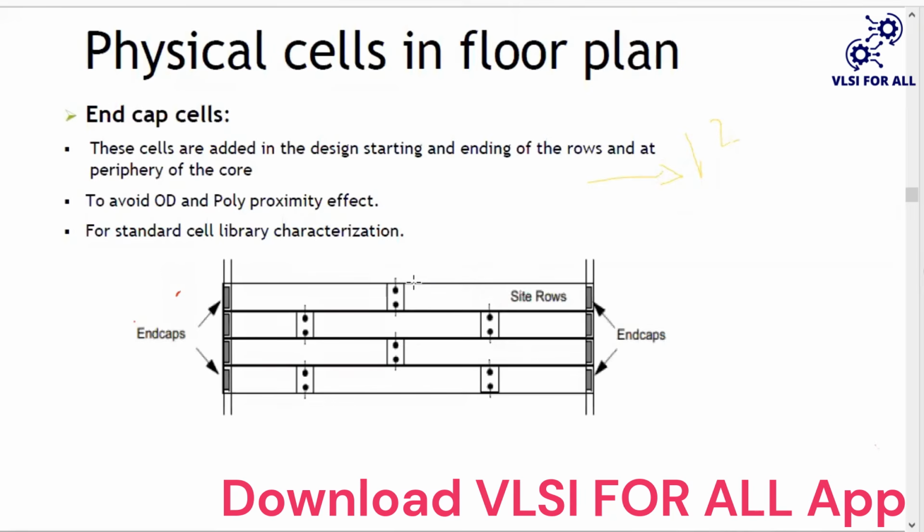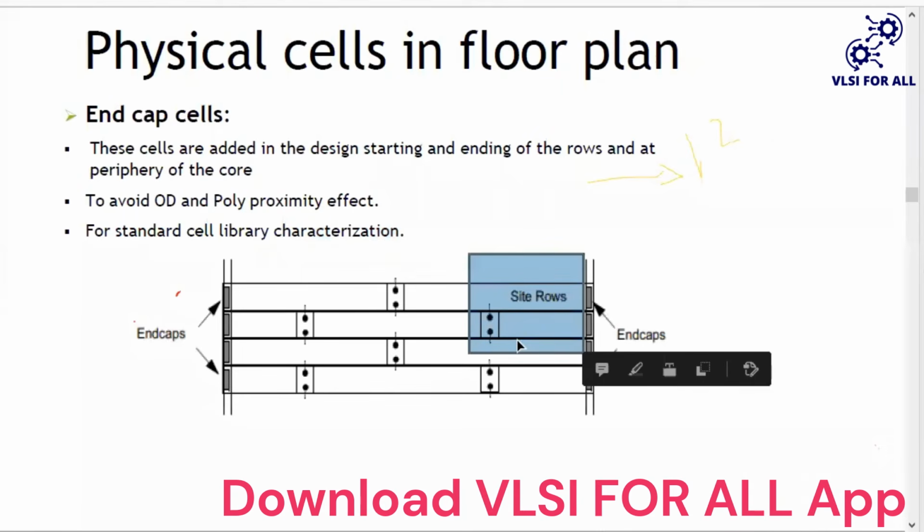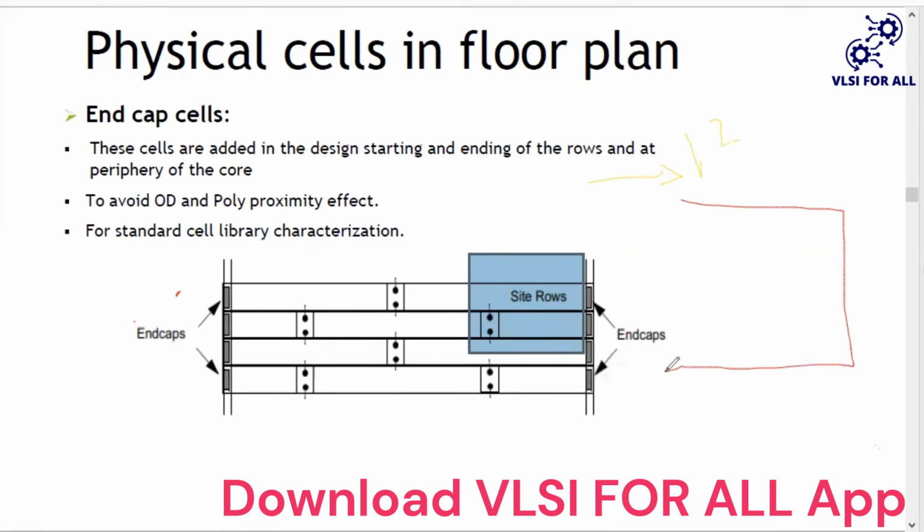In the standard cell site rows, macros also need to be placed. If, for example, a macro is not placed inside the core area, that is an unplaced macro. Say this is the core area, and there are 40 macros.